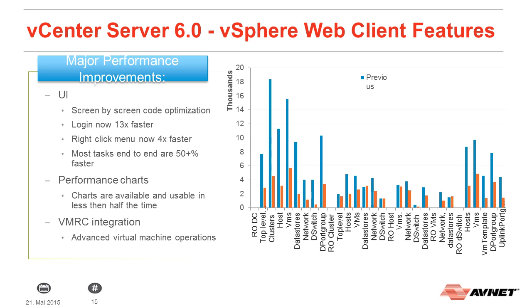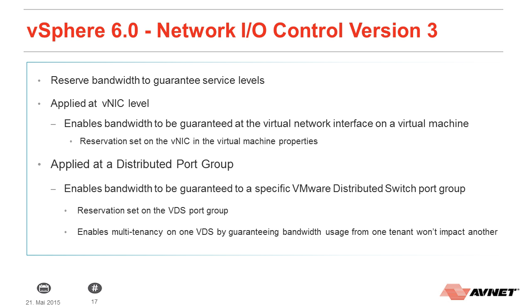So the networking conversation, we've got networking and storage new features coming up here. And for each of those, the conversations are actually fairly condensed. We have just one slide on each of those. So from the networking perspective, we have new features in Network I/O Control.